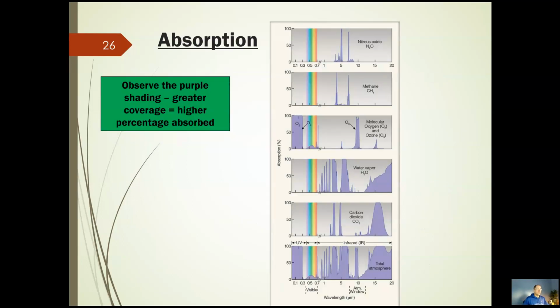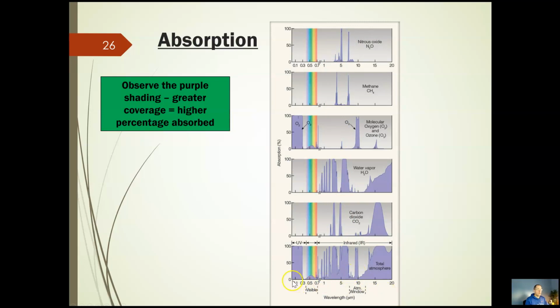And so what you see here, and we'll have a few graphs that look like this, is what is being absorbed by certain constituents in the atmosphere. Then at the bottom, you see one that says total atmosphere. Basically what you're doing is taking all these different boxes, nitrous oxide, methane, oxygen and ozone, water vapor and carbon dioxide, and overlapping these top 5 boxes to make the bottom image.